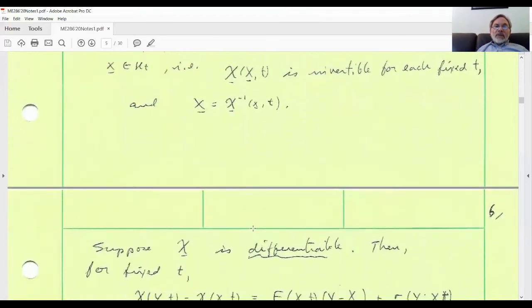Let's suppose further that this function is differentiable, both with respect to capital X and t.